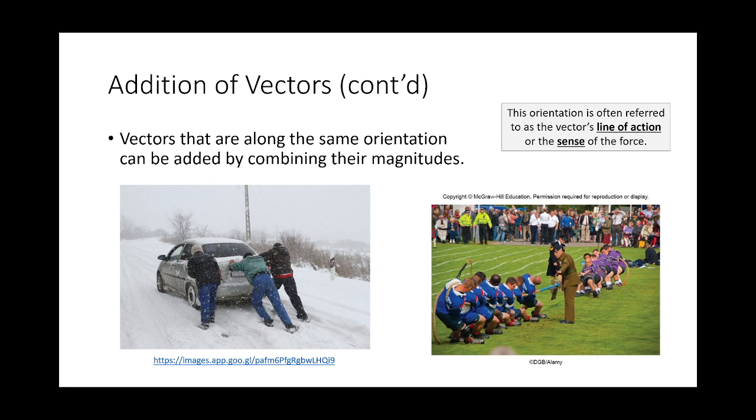If you and some friends are trying to get a car moving along the side of the road, and all of you are pushing in the same direction, if this friend is pushing with 50 pounds, this one 60, this one 80, and you want to determine the total resultant, the total magnitude, you can just add all those up because they're all along the same orientation.